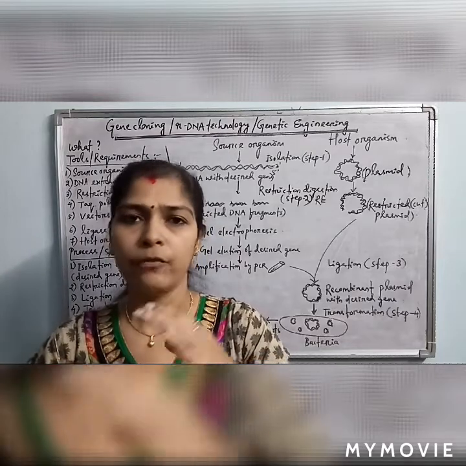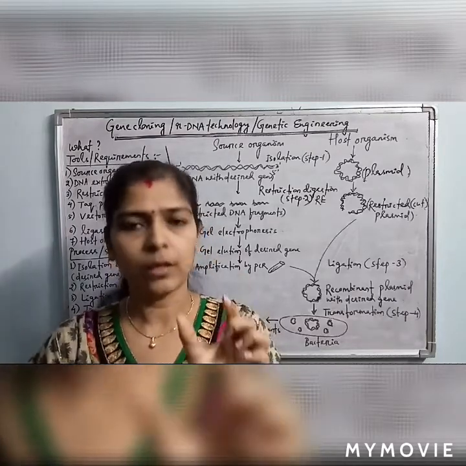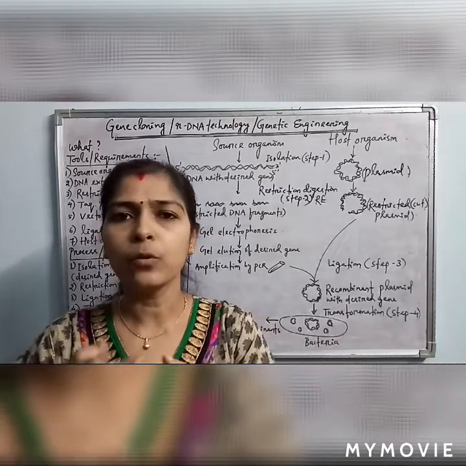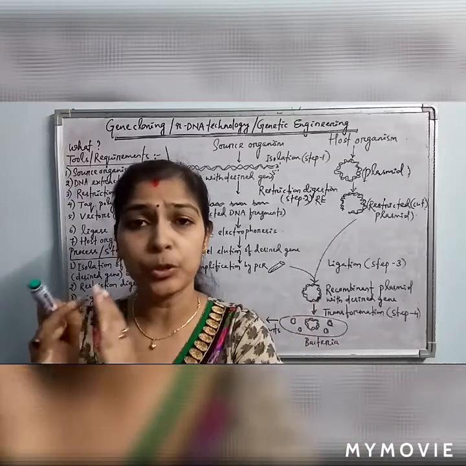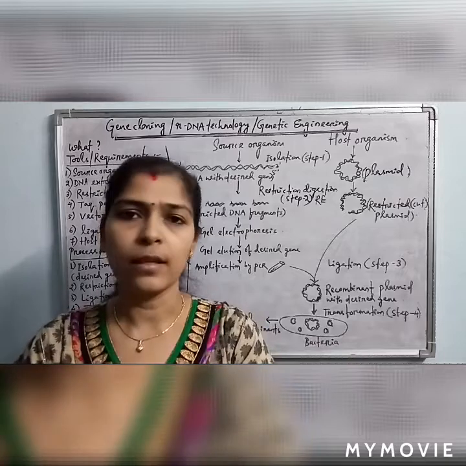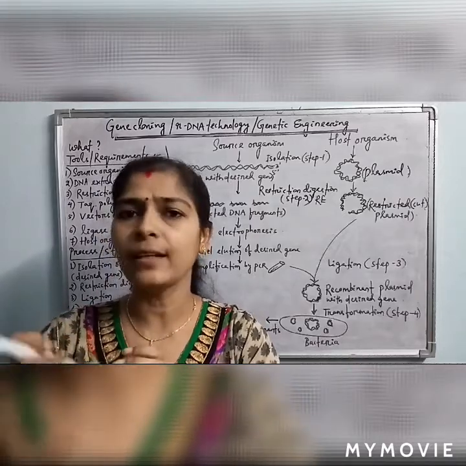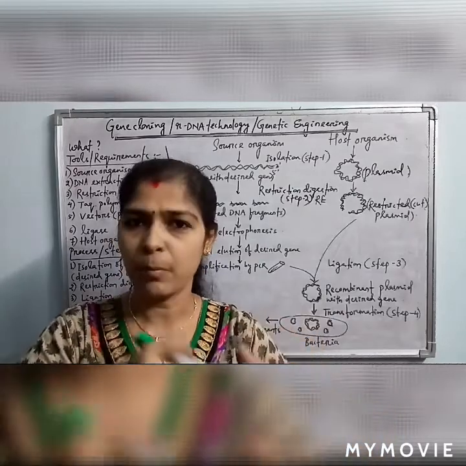How? We have to add calcium ions in the host bacterial solution, and apply a temperature fluctuation of 0 degrees Celsius to 42 degrees Celsius, so that there will be pore formation in the cell wall of the bacteria, so that it can easily take in the recombinant plasmids that we add in the transformation procedure.